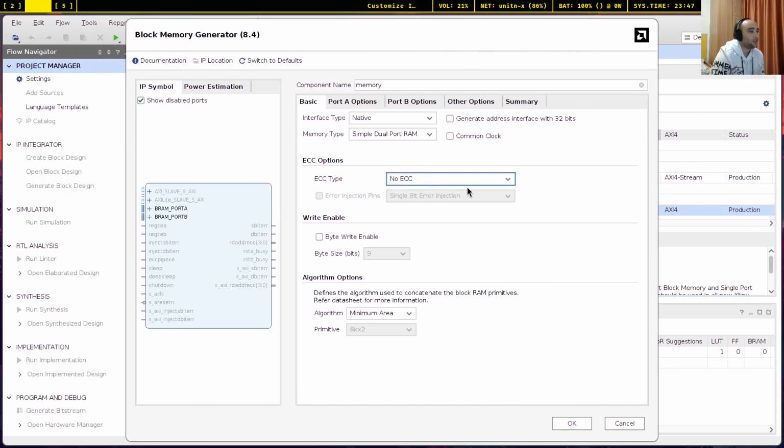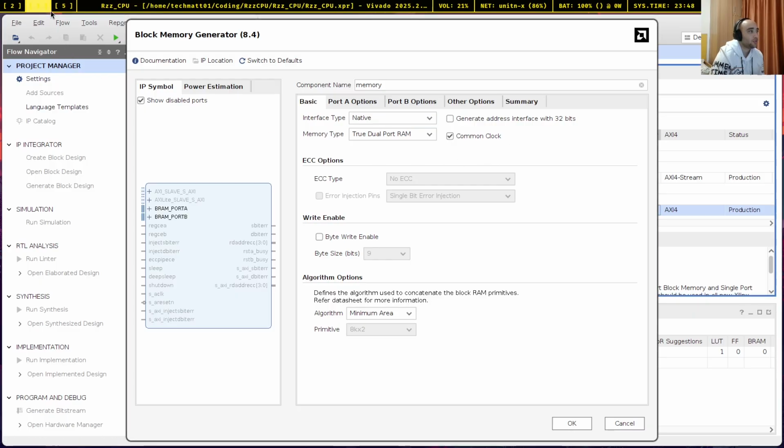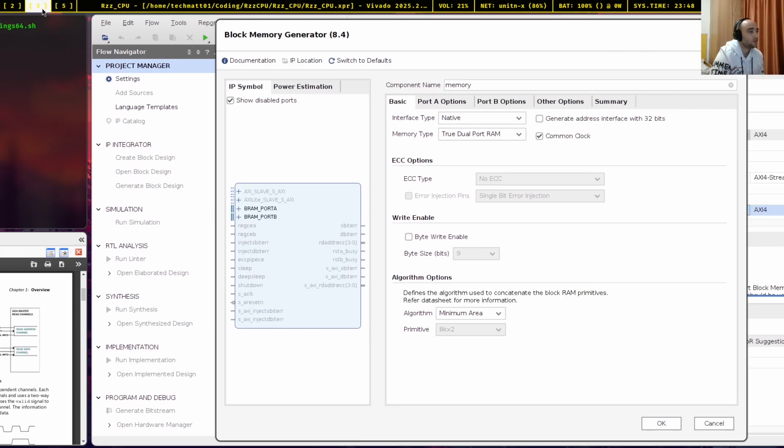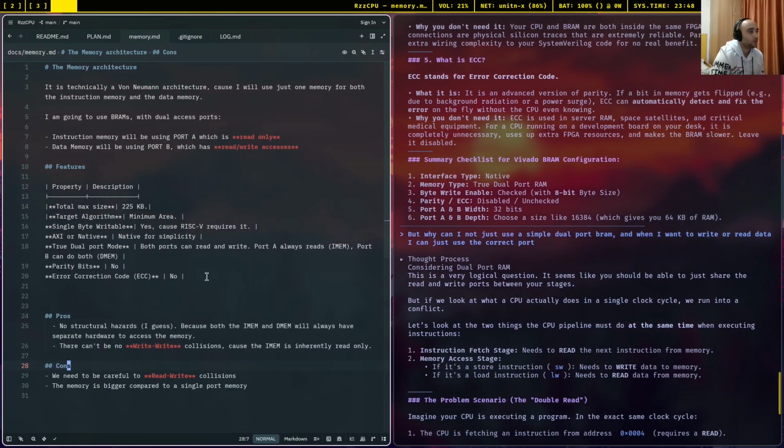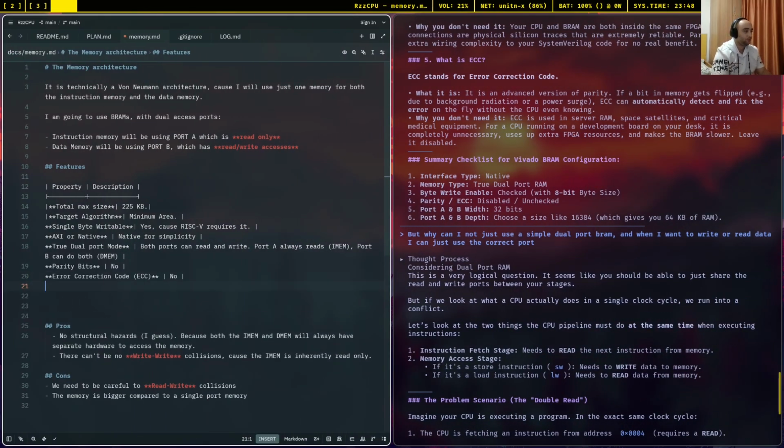So we can continue. No ECC, byte write enabled, no parity bit. Minimum area, native true dual port. Common clock, yes. Generate others interface 32 bits. No, I don't think so. Yeah, we can put this here.